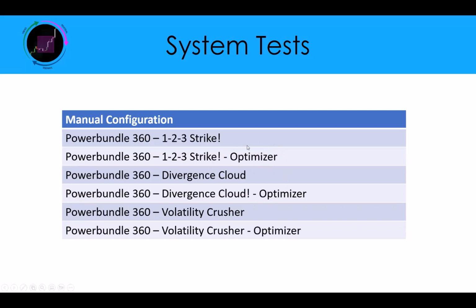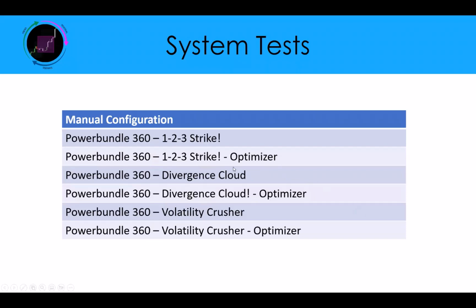When it comes to our indicators, we're using this on an indicator basis, which is very unique, which didn't exist before. All right, so for each indicator we have defined 2 automated strategies, one that uses the default parameters and one that uses the MetaStock optimizer. We have all these included as well in the installation of the Powerbundle AO.